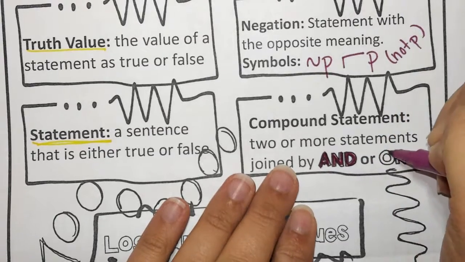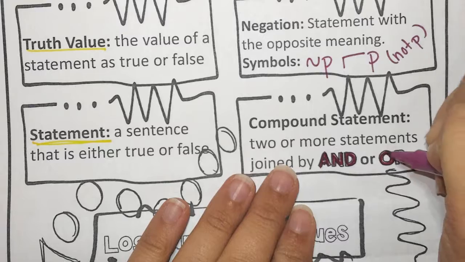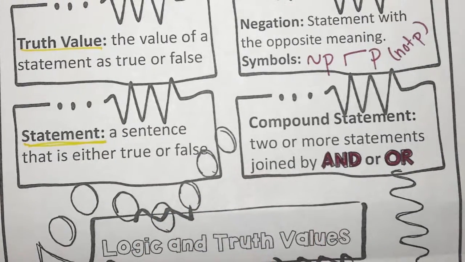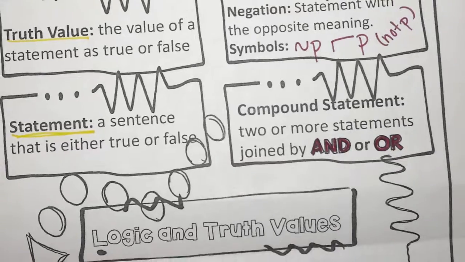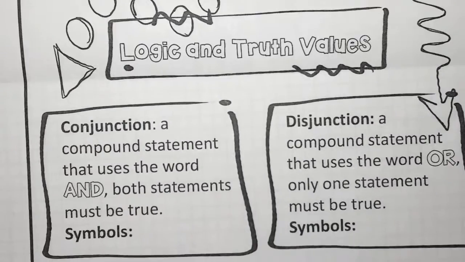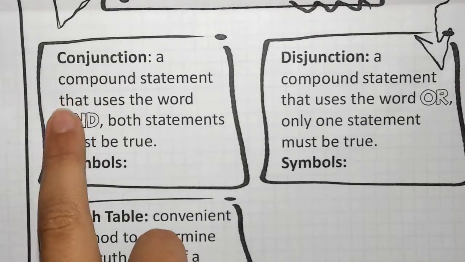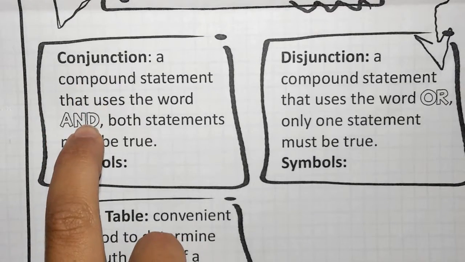So there are two types of compound statements. We have the conjunction. Conjunction, junction, what's your function? It is a compound statement that uses and.